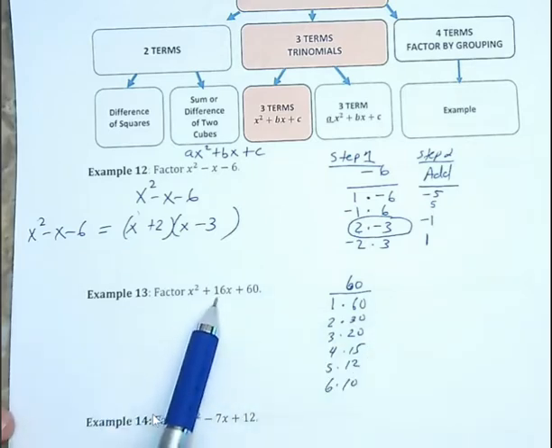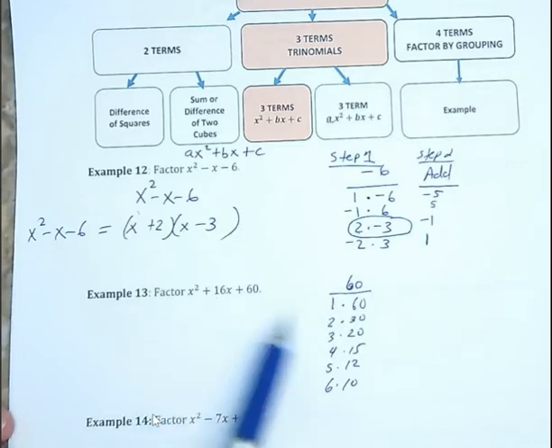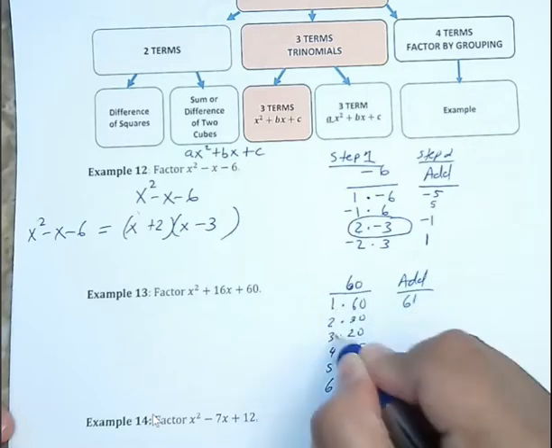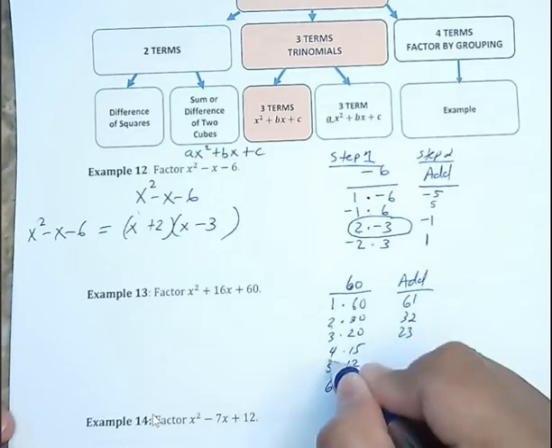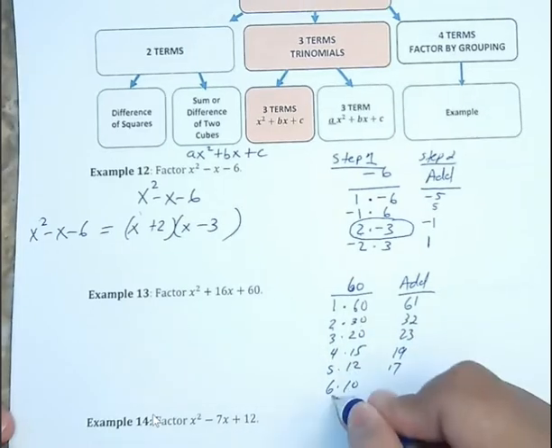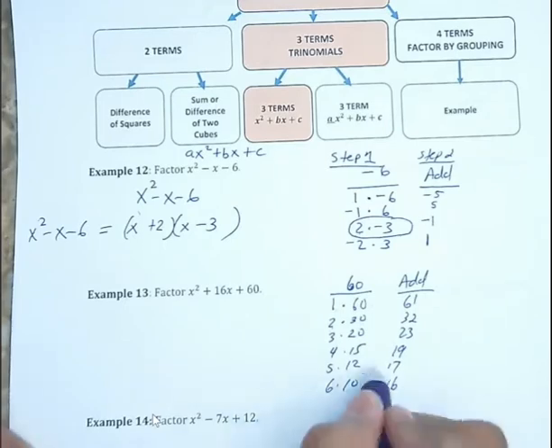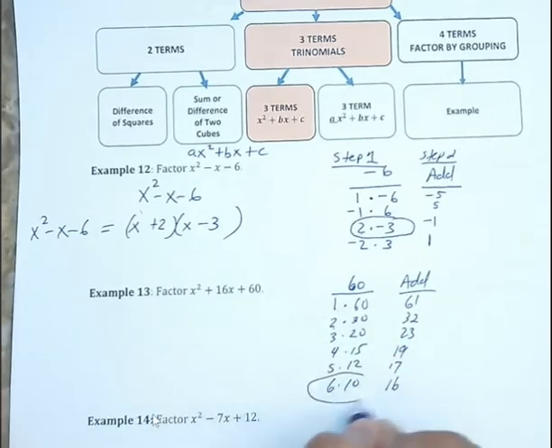Our goal is to get this 16 if I add or subtract these factors. So I'm going to start with adding. 1 plus 60 is 61, 2 plus 30 is 32, 3 plus 20 is 23, 4 plus 15 is 19, 5 plus 12 is 17, 6 plus 10 is 16. So here we can see that these 2 factors, 6 and 10, will produce our 16.